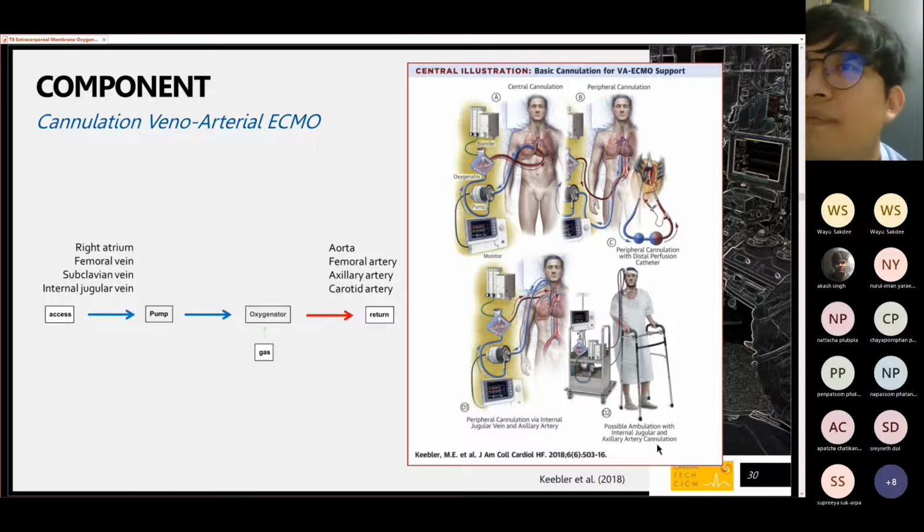And it's possible to move the patients. Sometimes the condition is not so severe. If the patient is on ECMO and has stable vital signs, you can allow the patient to go to work, because it may help their mental status. A good heart is going to make a good body, right?